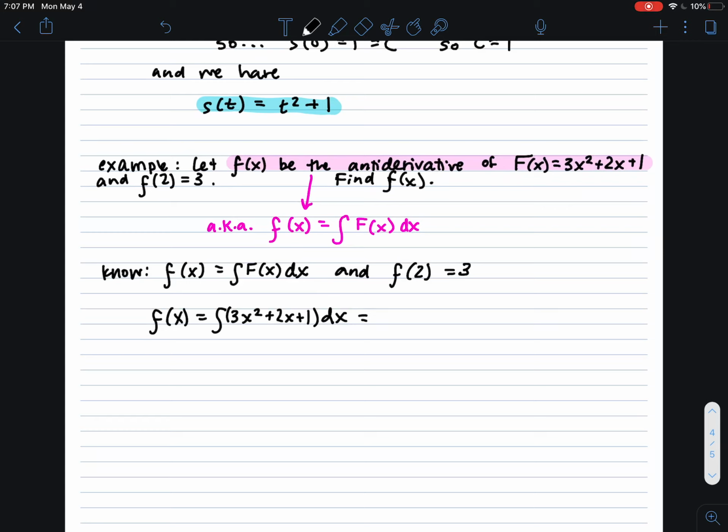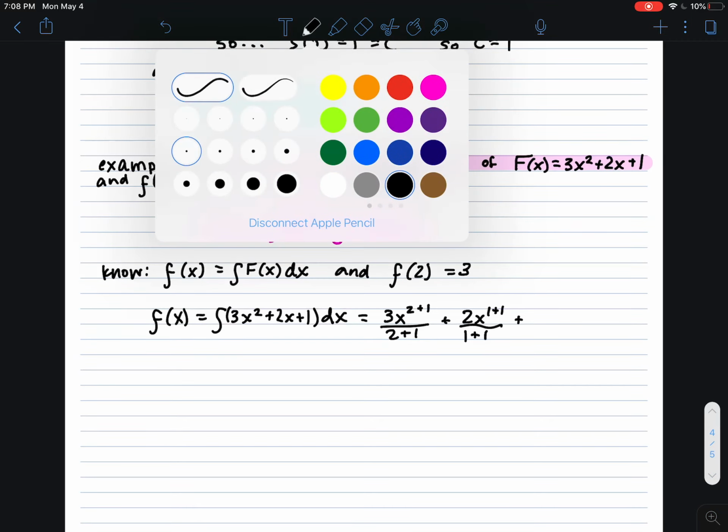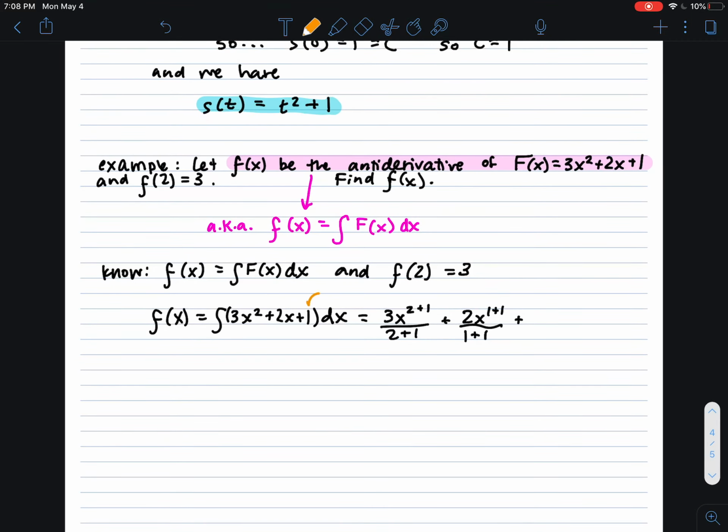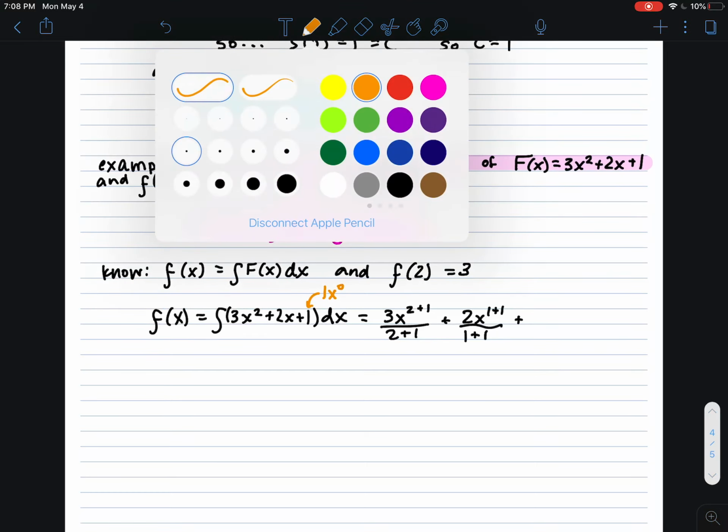And using our power rule, we have 3x to the 2 plus 1 over our new power 2 plus 1, plus 2x to the 1 plus 1, because again, this is just x to the first power, divided by 1 plus 1. And then if you remember from, I believe, the last video, this 1 is technically 1x to the 0.